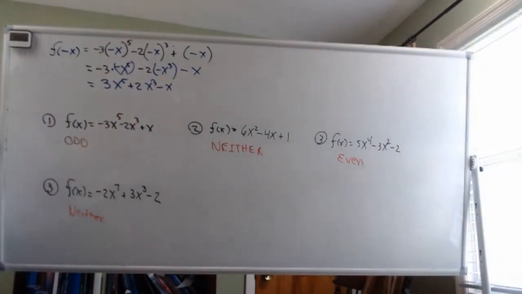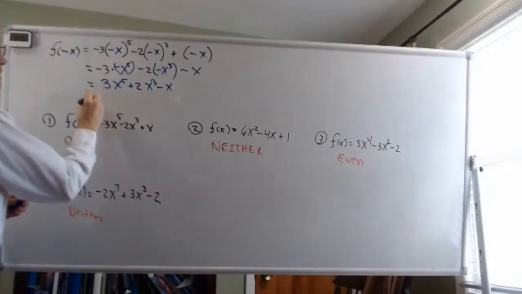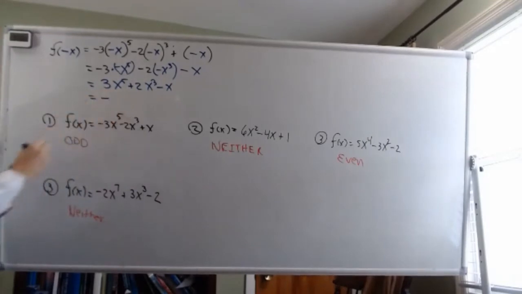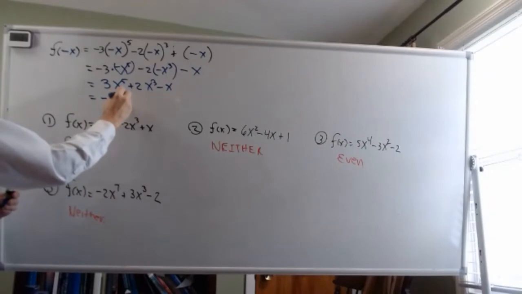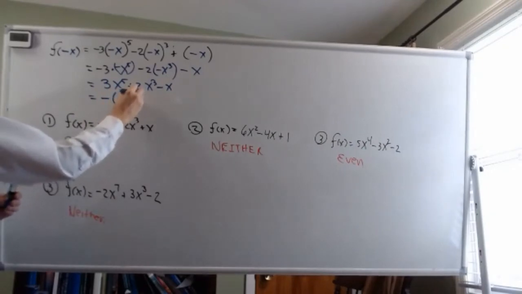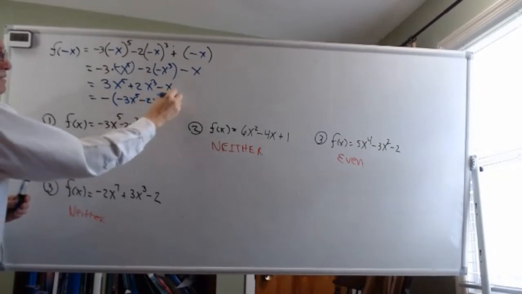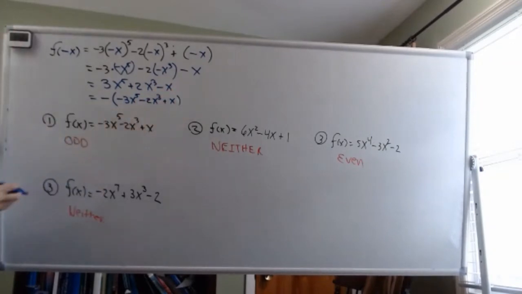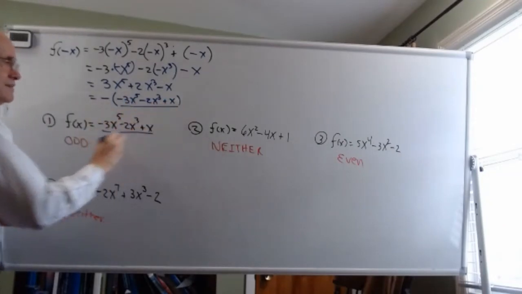Okay. Now let me factor a negative outside of everything. So I want to factor out a negative 1. I'm going to pull a negative out front. And what do I have over here? Well, this gives me a negative 3x to the 5th, a negative 2x cubed, and a positive x. I factored out a negative. But now I notice something: this is identical to that.